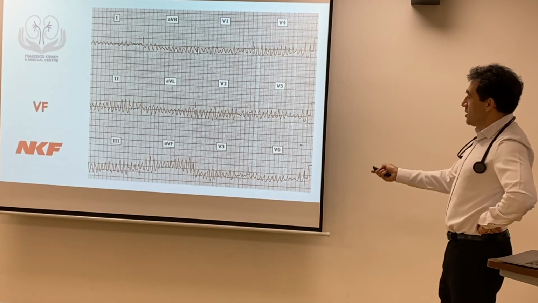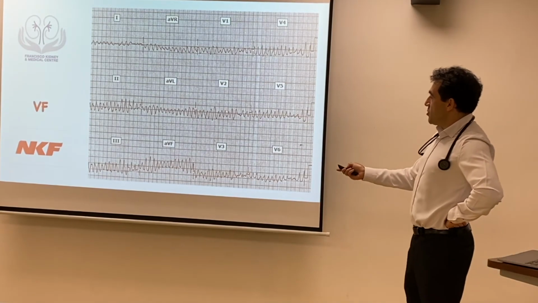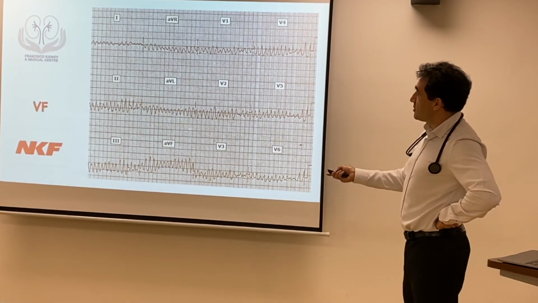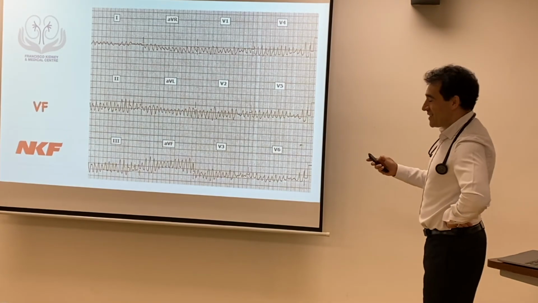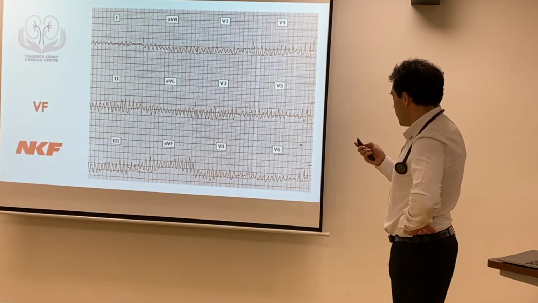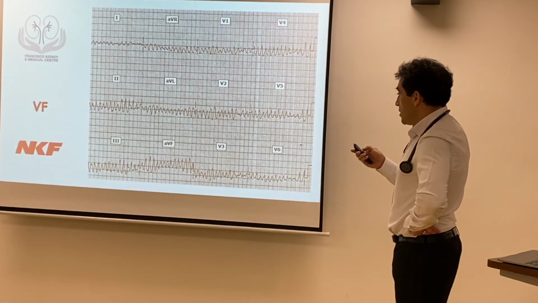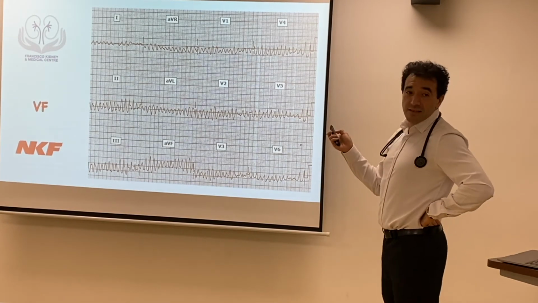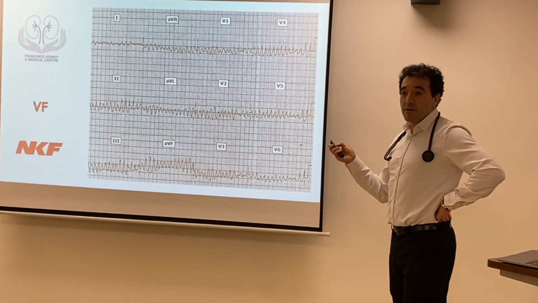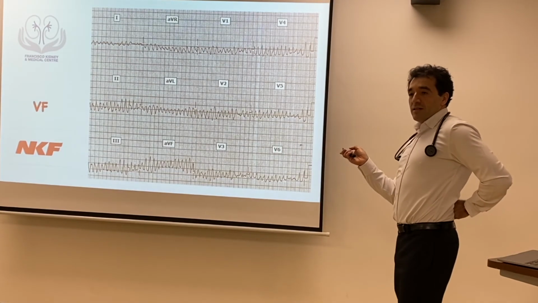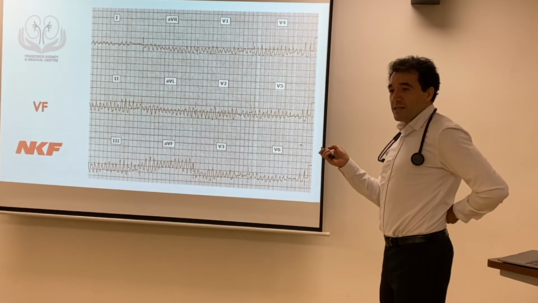So this patient, do you think you can talk to this patient or not? Yes, it's already collapsed. So this patient needs to be what? What type of shock? Cardioverter or defibrillator?